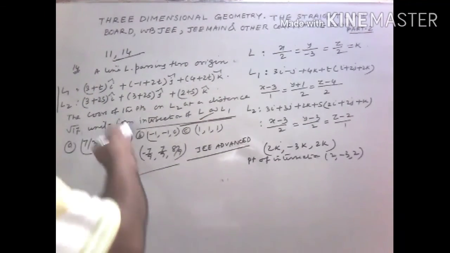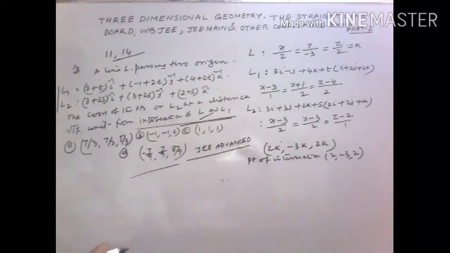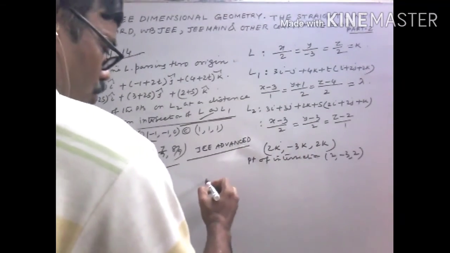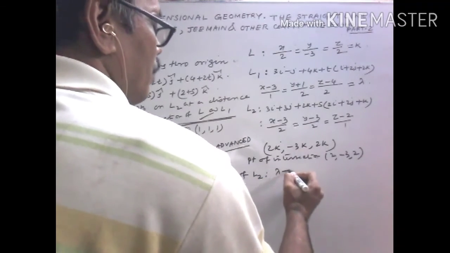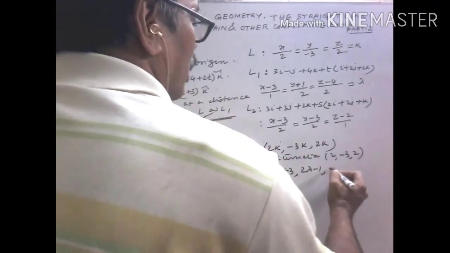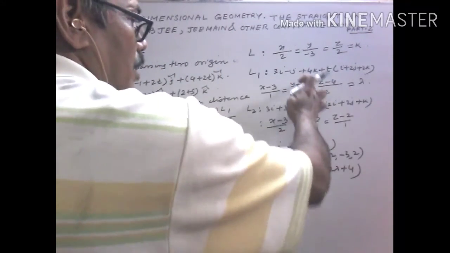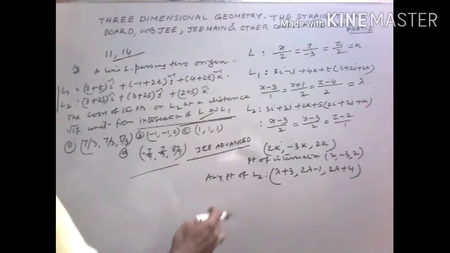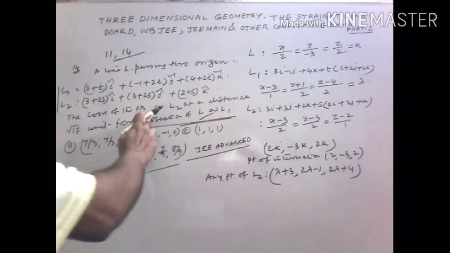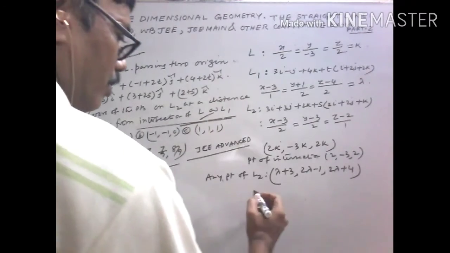Now the third one. You have to find a point on L2. Suppose this equals lambda. So any point on L2 is lambda plus 3, 2 lambda minus 1, 2 lambda plus 4. We need the coordinates of points on L2 at a distance root 17 unit from the intersection of L and L1.